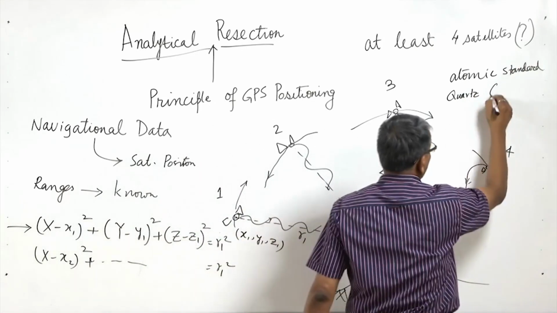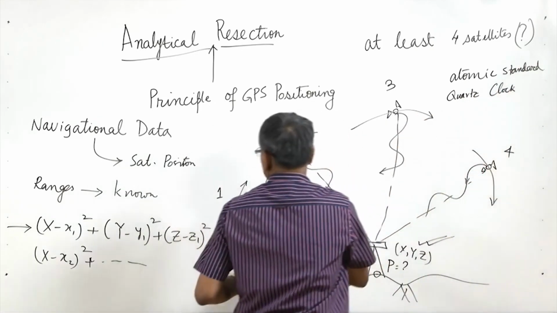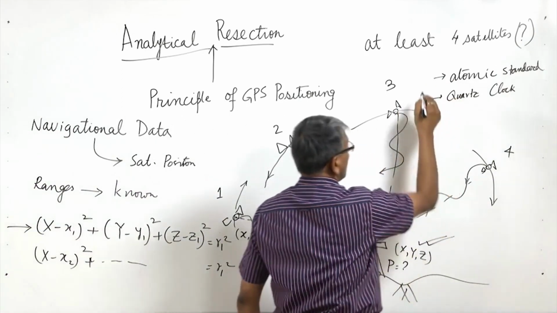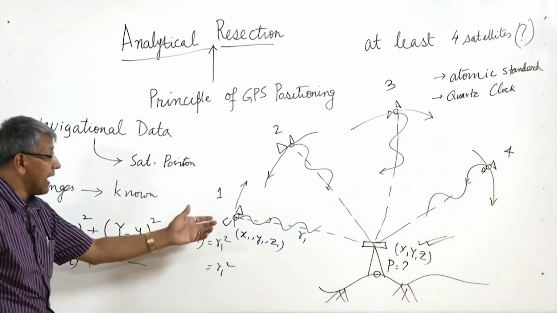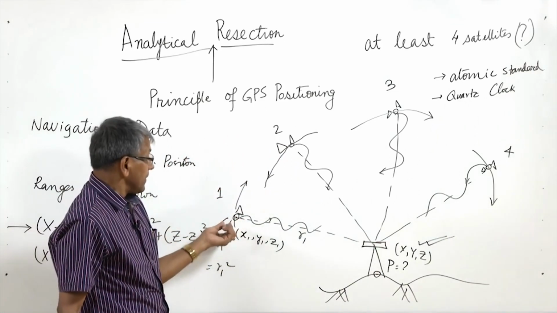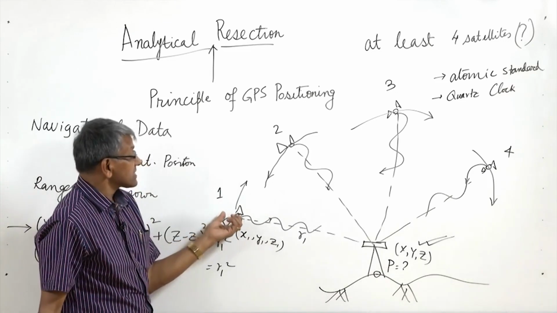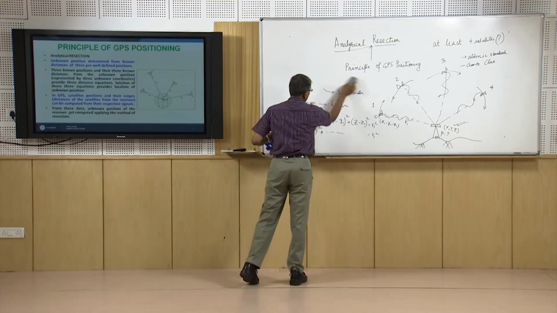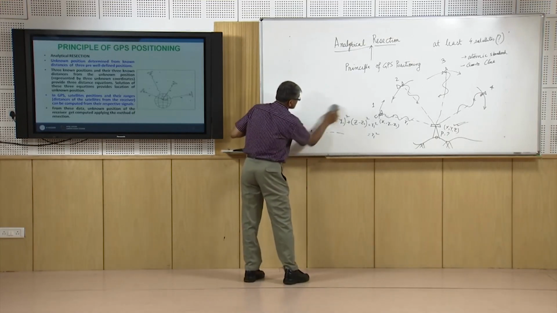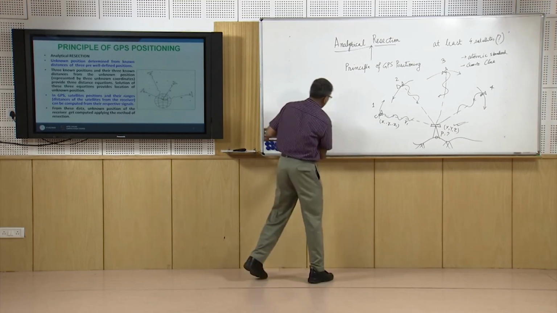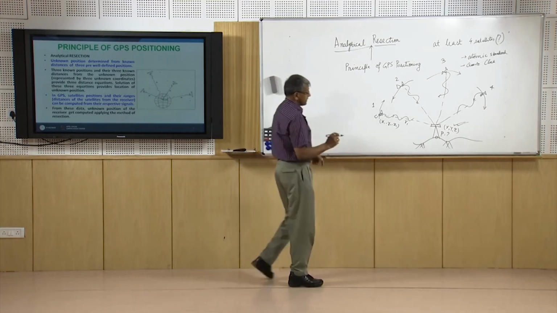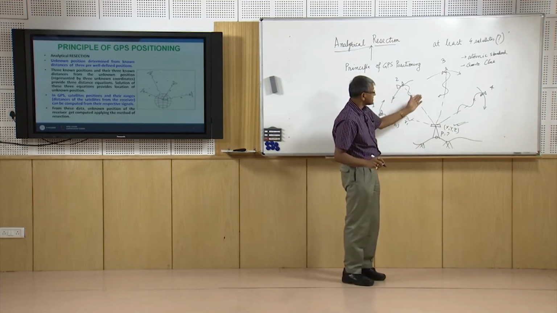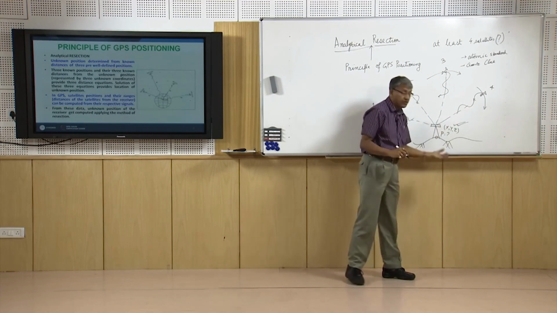So there lies a lot of discrepancy in measurement of time between the satellite system and the receiver system. But one thing is that, because the signals from all the satellites are received by the same receiver, the discrepancy in measurement of time will be identical for all the signals coming from all the satellites to the same receiver.